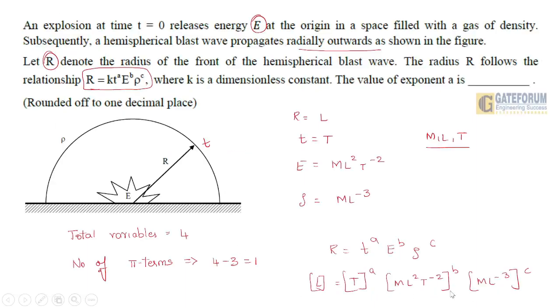B plus C should be equal to 0. So from here, A is equal to 2B. 2 times minus C, because B equal to minus C, no? Minus 3C will be equal to 1. So obviously minus 5C equal to 1, C equal to minus 1 by 5. B equal to 1 by 5. A equal to 2 into 1 by 5, which will be 2 by 5.